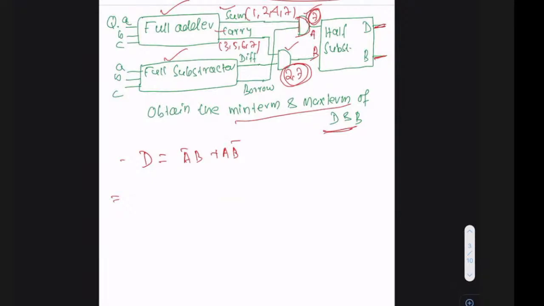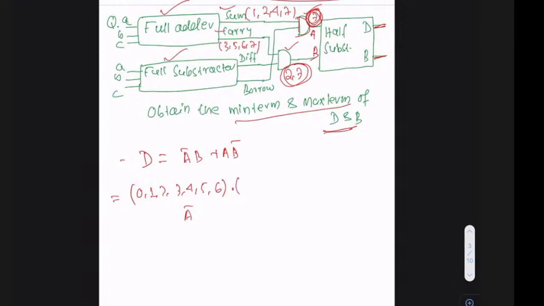If A is having minterm 7, then what are the minterms of A bar? Those are the missing ones, that means 0, 1, 2, 3, 4, 5, and 6. So these are the minterms of A bar. If A has minterm 7, then all those missing indices between 0 to 7 except 7 will be the minterms of A bar.